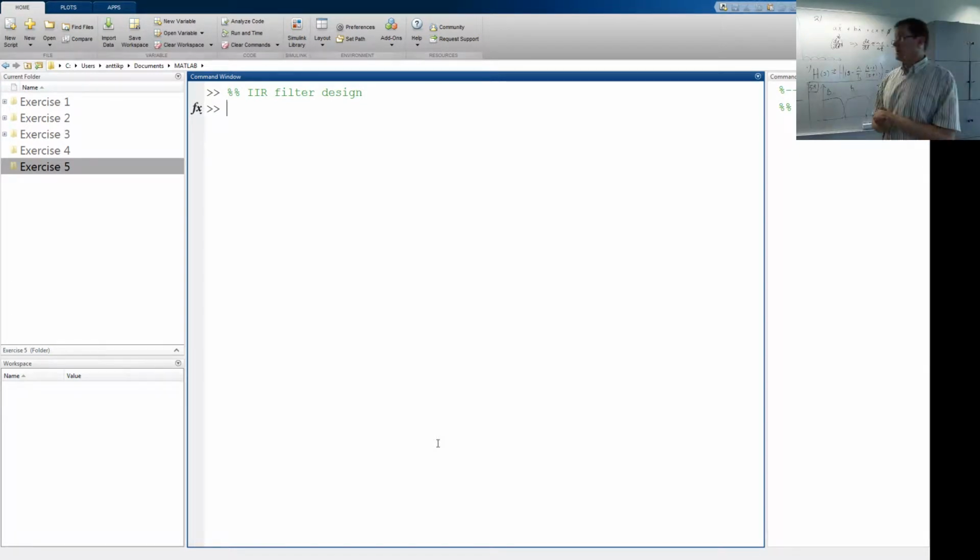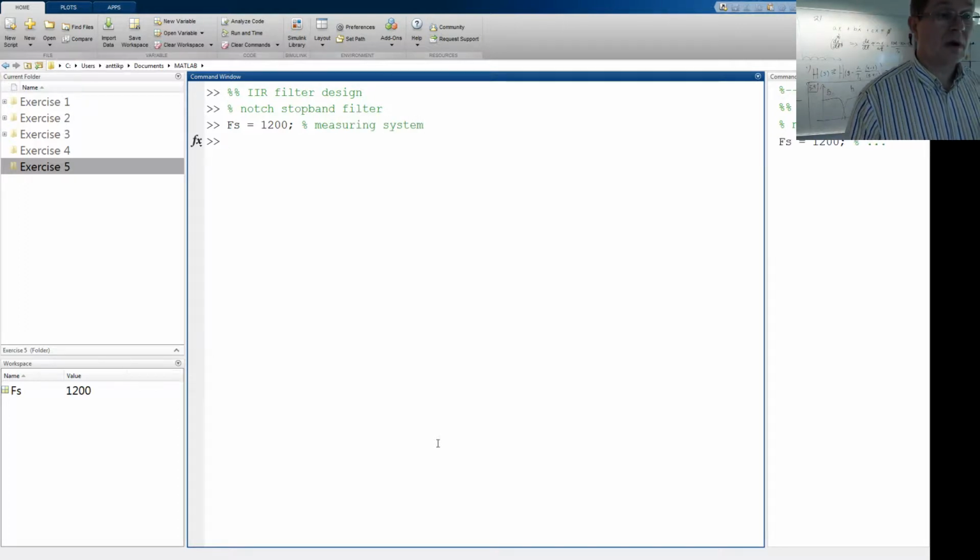We start with this notch, the band stop filter, and a couple of parameters. For example, on measurement systems, we could have a sampling rate of something like 1 kilohertz, for example 1,200 samples per second. So this would be some measuring system. And we have the line humming there.